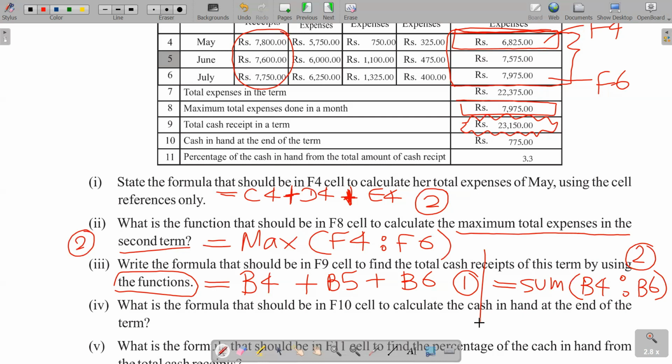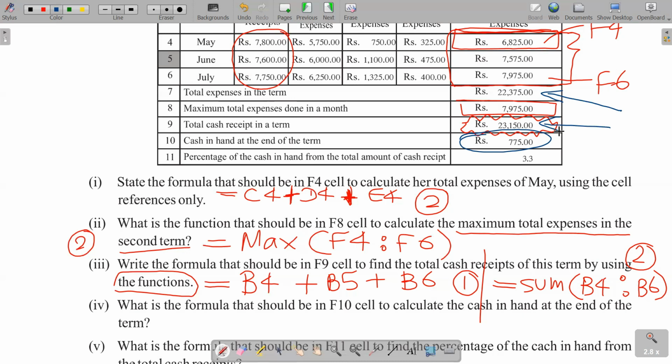Fourth one, what is the formula that should be in F10 cell to calculate the cash in hand at the end of the term? Cash in hand is calculated by reducing the total expenditure from the total cash receipts, right?